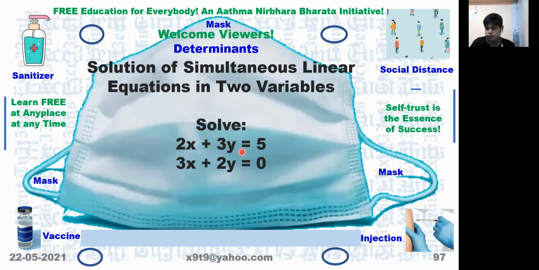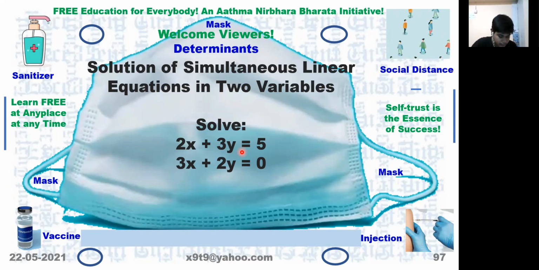So minus 2 is the value of x. Now find the value of y. y is equal to delta y by delta, minus 15 by minus 5.